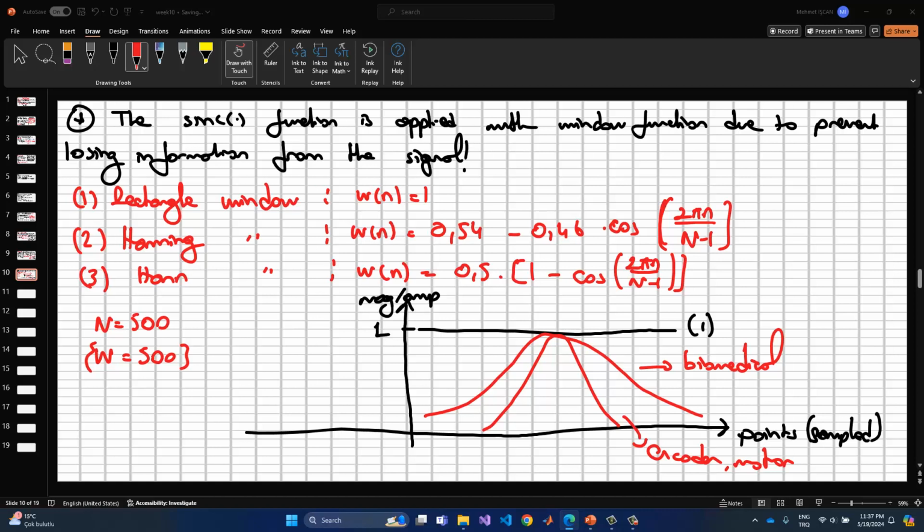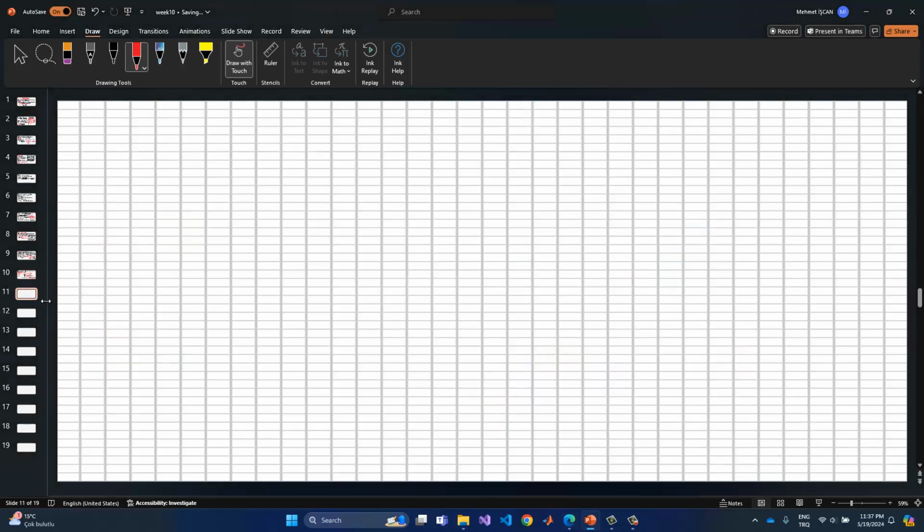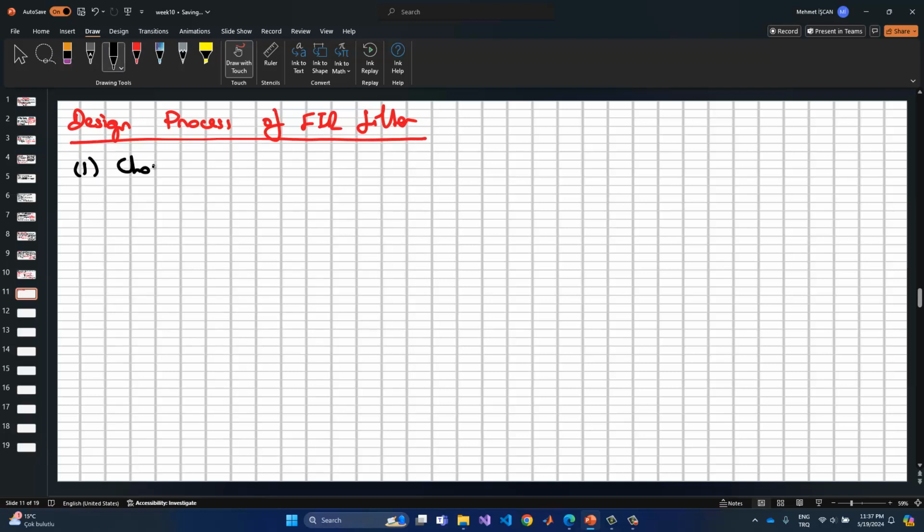So in the next step, we need to talk about how we can design the FIR filter. First of all, we need to choose the fc, the cutoff frequency. Okay.